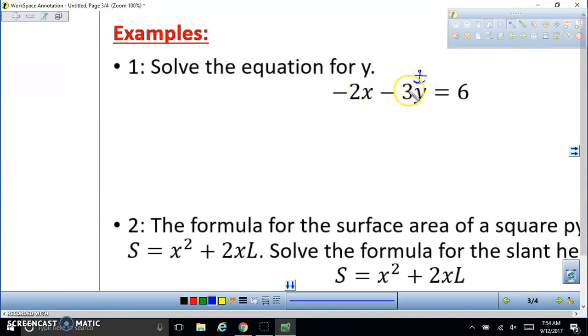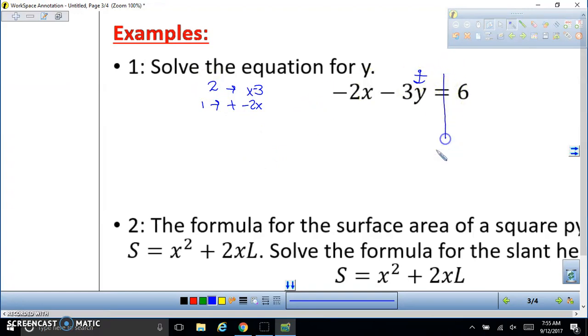We have a multiplication of negative 3. Keep track of this one. We also have an addition of a negative 2x. This is going to tell us what order we go in. We always undo addition and subtraction first, and then we undo multiplication and division next. So that's the order you're going to go.